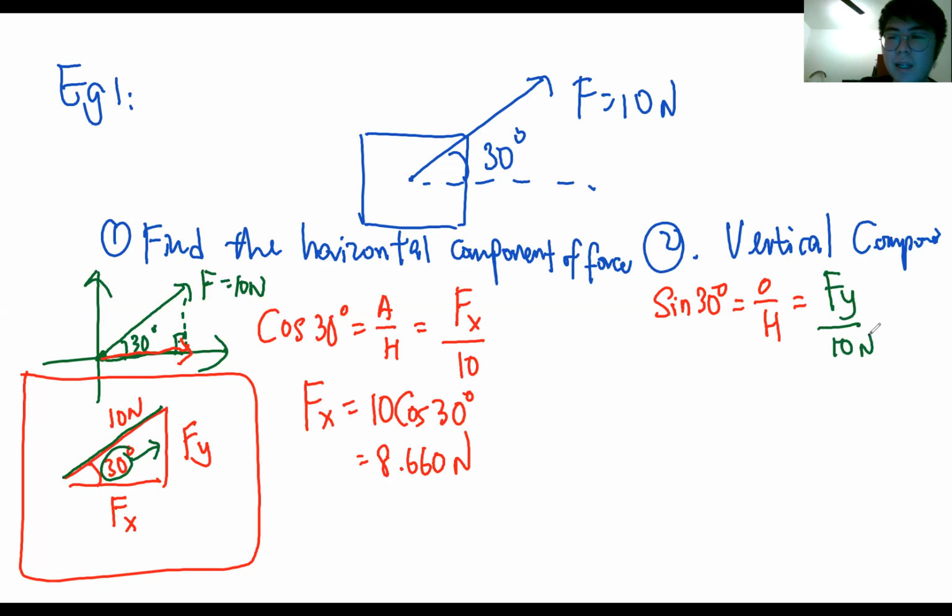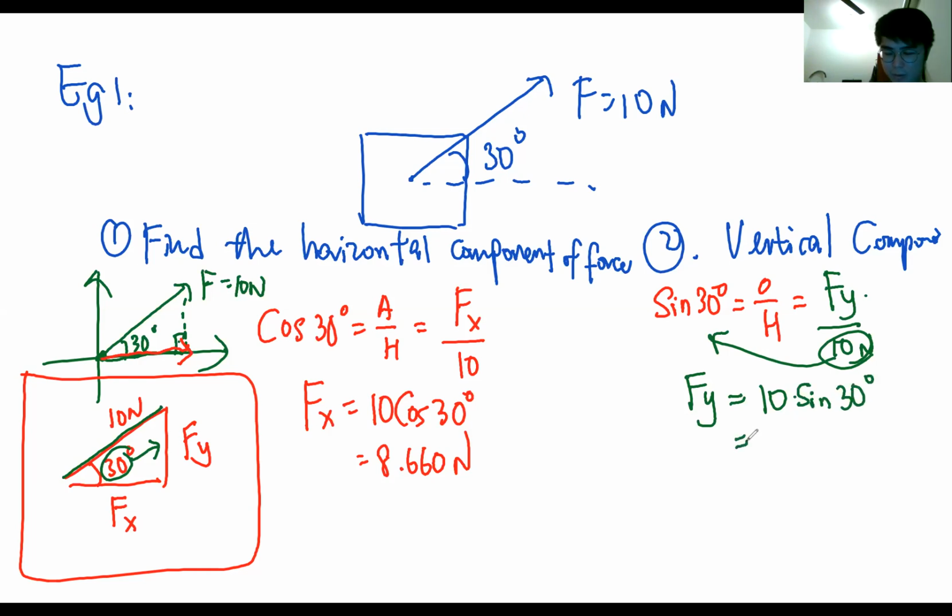So Fy equals 10 sine 30, which equals 5.